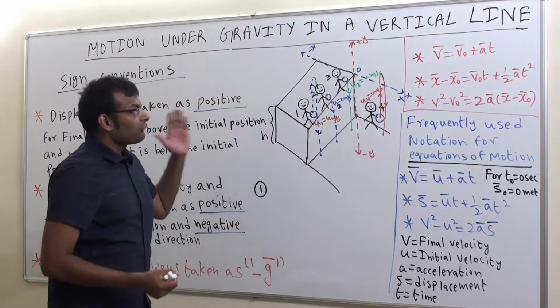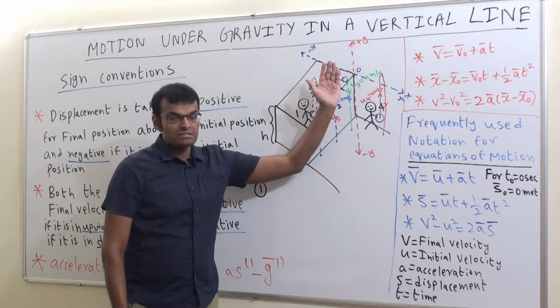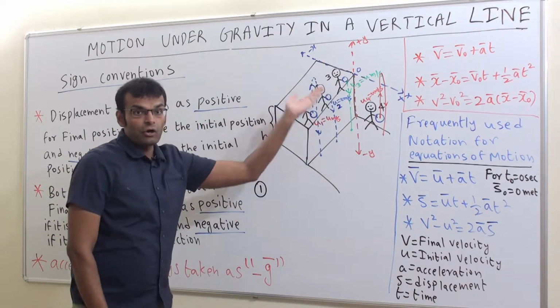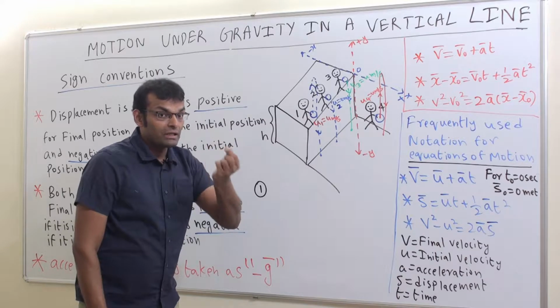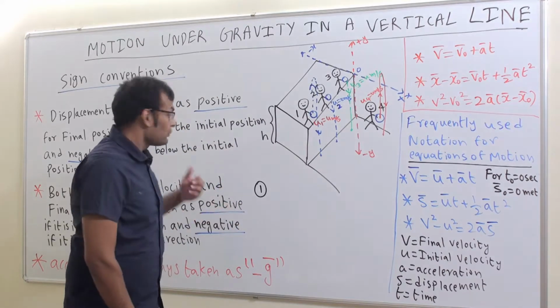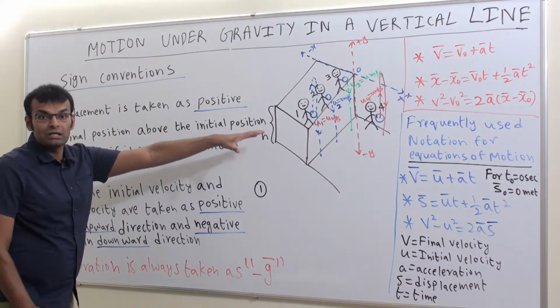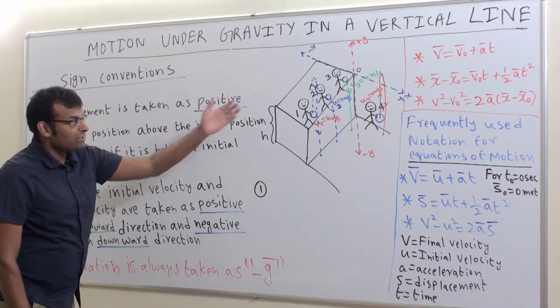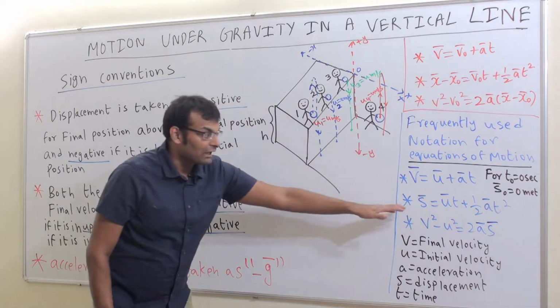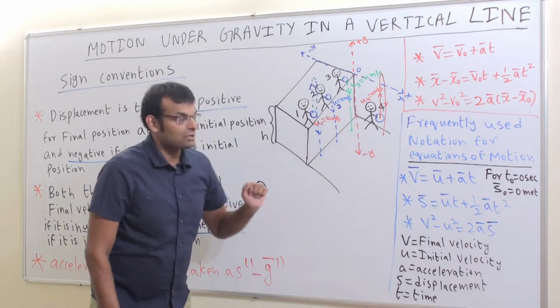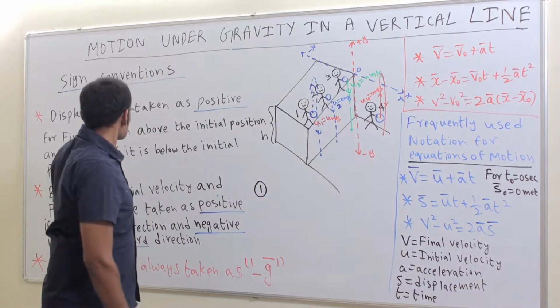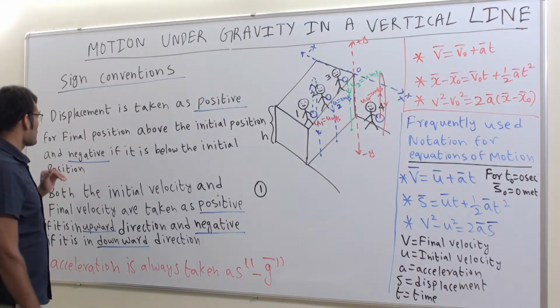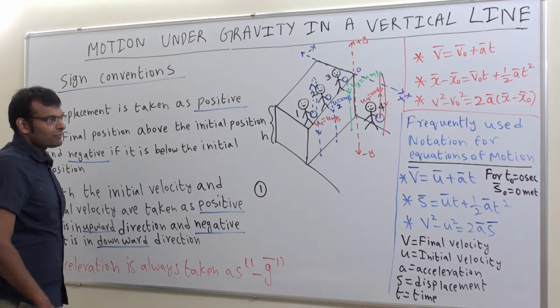What I am trying to do is observe these motions through the XY coordinate system, which will help me apply the sign conventions clearly to the different scenarios while applying them to this equation. So let's see. What is the first equation? Displacement is taken as positive for final position. So what is the final position in this case?